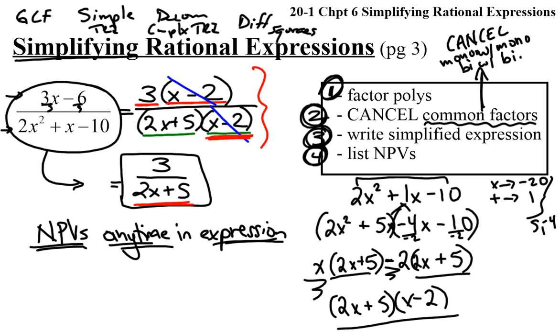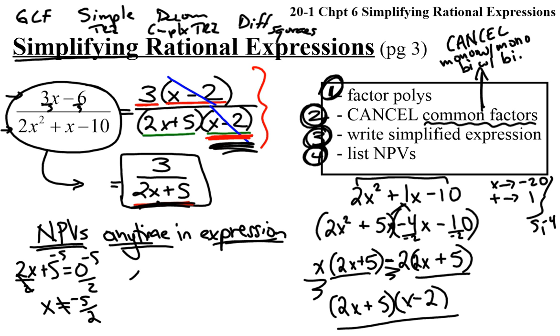So one possibility for an NPV is if 2x plus 5 equals 0. Now subtract 5, divide by 2, and x cannot equal negative 5 halves, because negative 5 halves would give a denominator of 0. But the other one's true over here: if x minus 2 equals 0, because x equaled 2, we can't have x equal to 2 either.